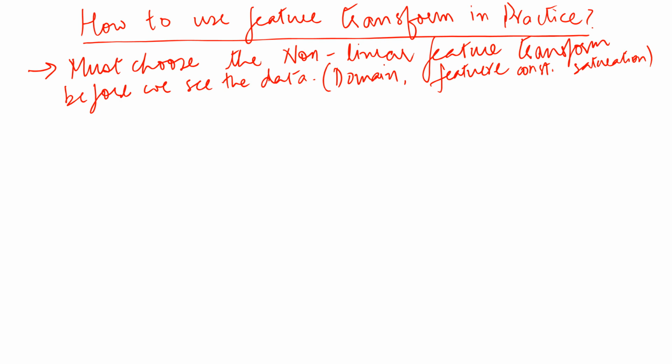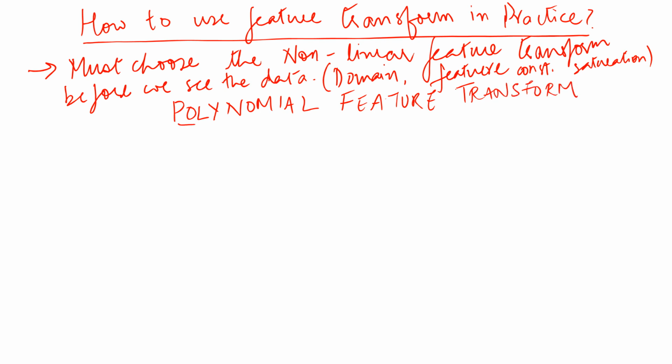So let us assume that there is one go-to solution for everything, and that's my polynomial feature transform. This is the one that is going to help us answer all those questions. So let's look at this polynomial feature transform. Okay, so what is it? Well, let's illustrate that in a two-dimensional space.